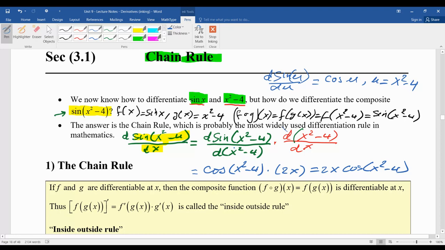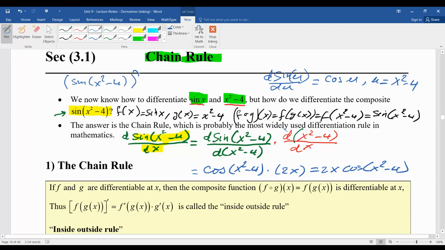But there is an easier way how to find the derivative of a composite function, which is called the inside-outside rule. So how does the inside-outside rule work? Well, if I go back to this example, let me write it down over here. I want to find a derivative of sine of x squared minus 4.